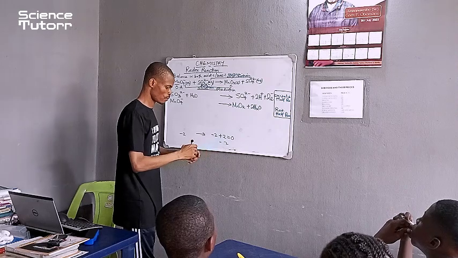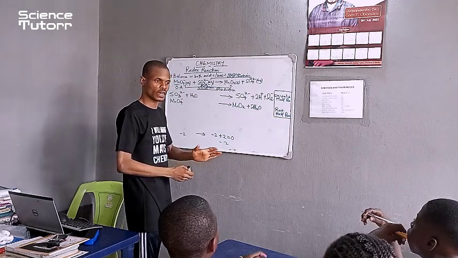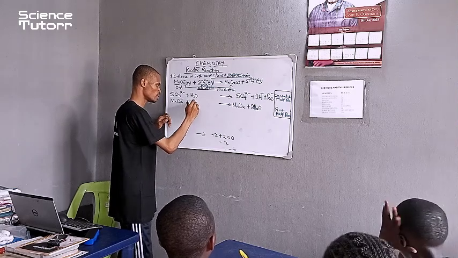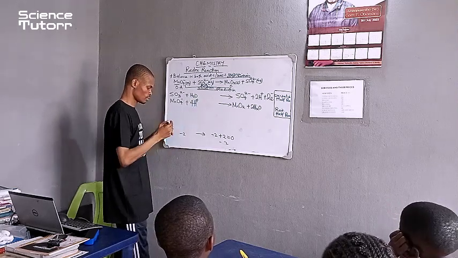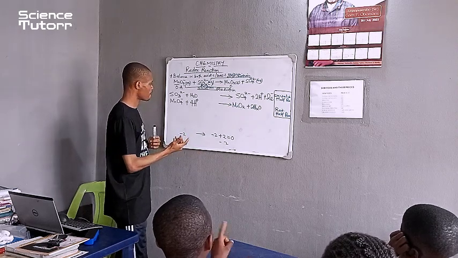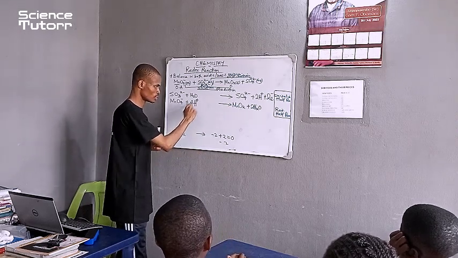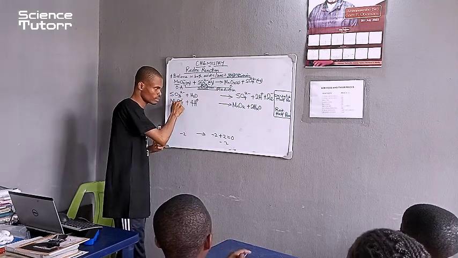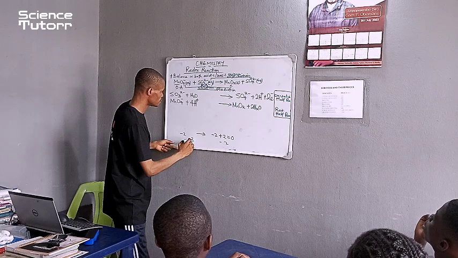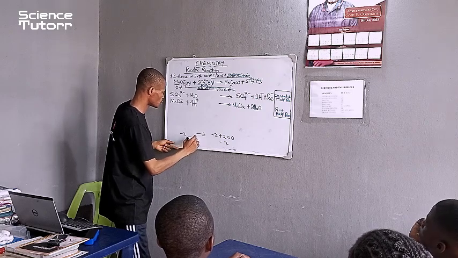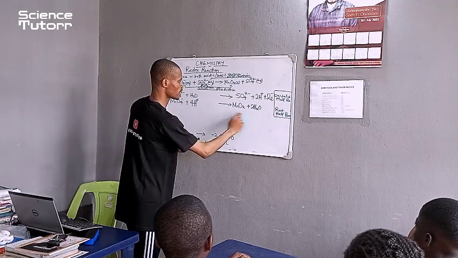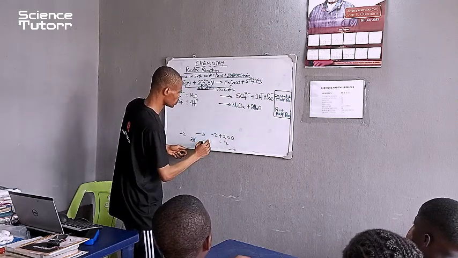So we add 4 hydrogen ions on this side, 4 protons. That means plus 4H plus. Then balance for electron. This is 4, this is minus 1, so 4 minus 1, 3. So we have 3H plus on this side. What on this side? It means 0 on this side.